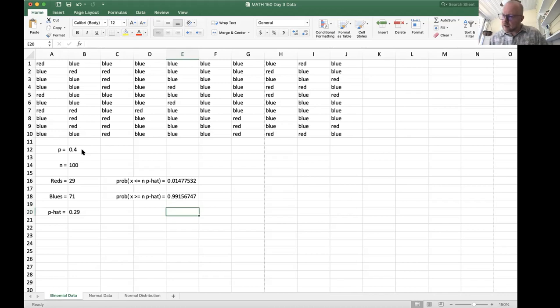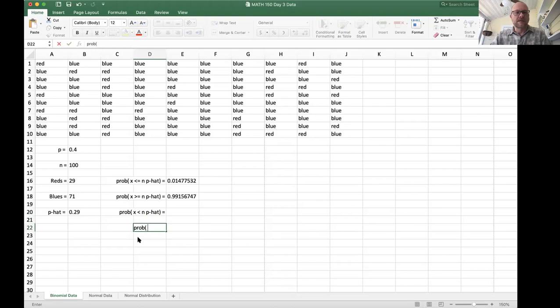So in any case, then that is the less than or equal to. Oh, and let me demonstrate real quick how we could get the probability that X is less than the N P hat and the probability that X is greater than the N P hat.